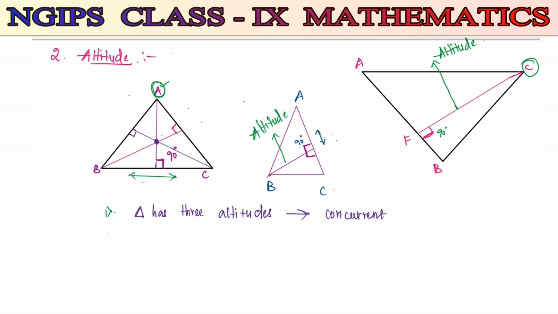Here the point of intersection of the altitudes of a triangle we used to call the orthocenter.